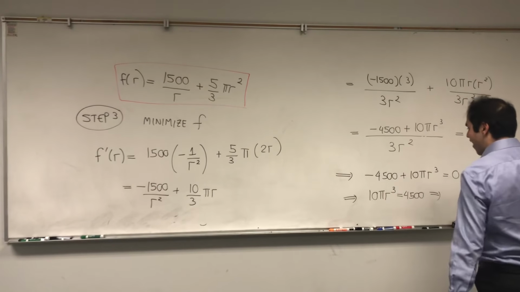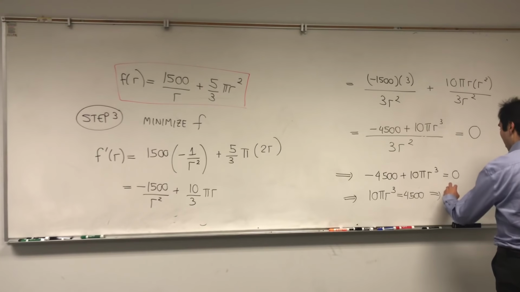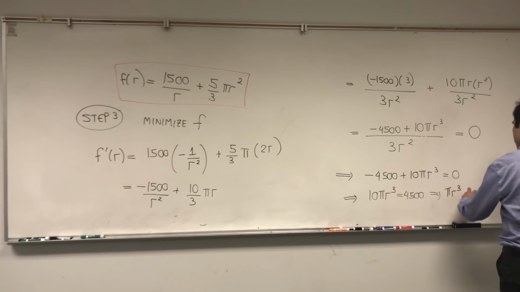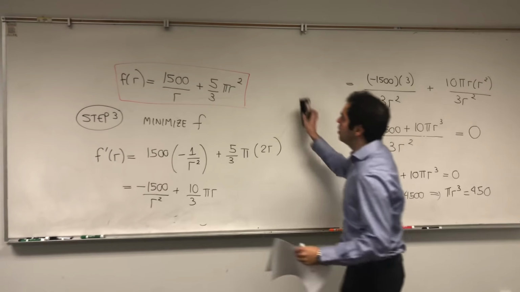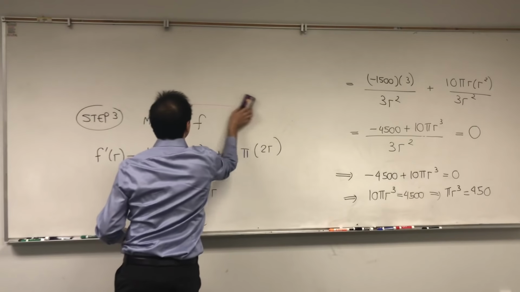So we can divide everything by 10. So pi r cubed is 450. And I'll just solve for this.